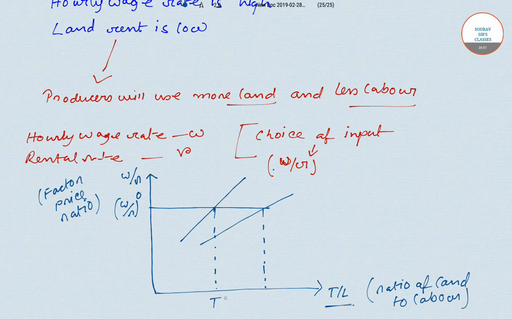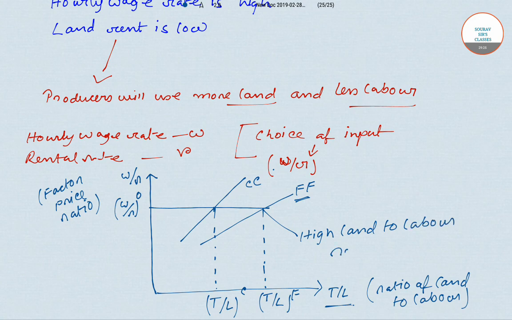here we have found T by L for cloth production and T by L for food production. This is the FF for food and this is for cloth. At this point there is a high land to labor ratio, and here there is a low land to labor ratio.